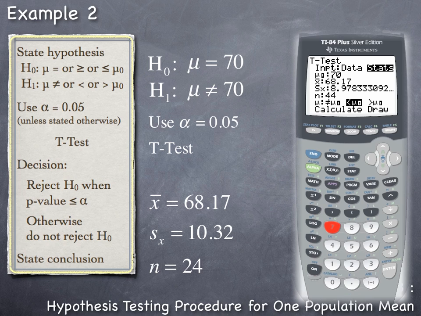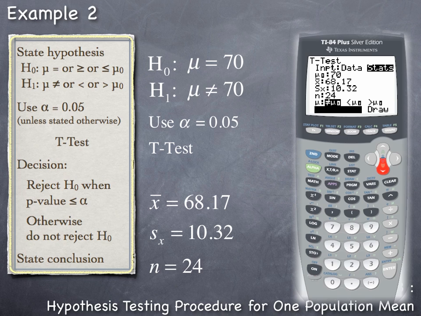Enter. The sample standard deviation, S sub x, equals the 10.32 beats per minute. Enter. N, the sample size, equals 24. Enter. Now the inequality in H1 is a not equal. So with the cursor blinking on not equal, we press enter to select, and then down arrow to calculate.